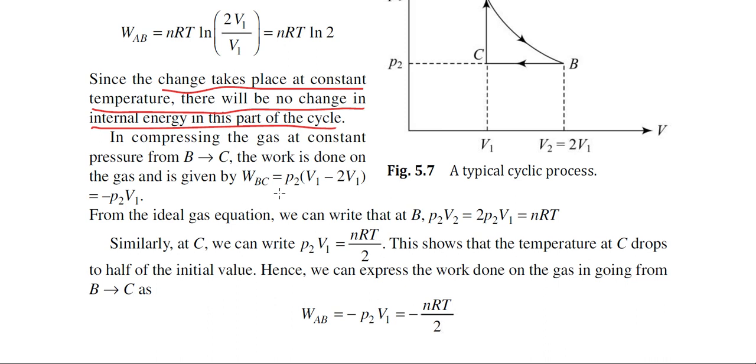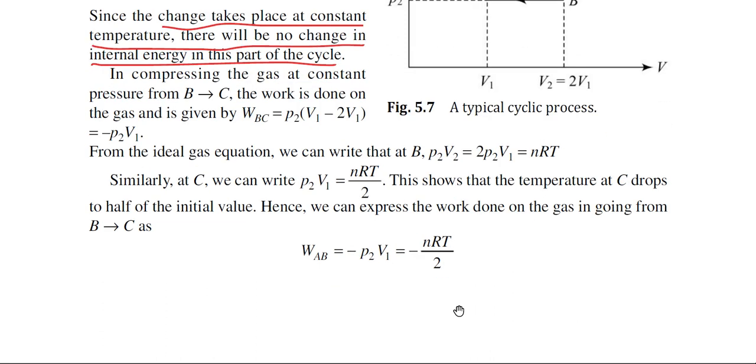This is the expression of WBC, that is minus P2 into V1, which means minus nRT by 2. But here you see there is a mistake: it has been written AB, actually it is BC, WBC. There is a printing mistake over here.